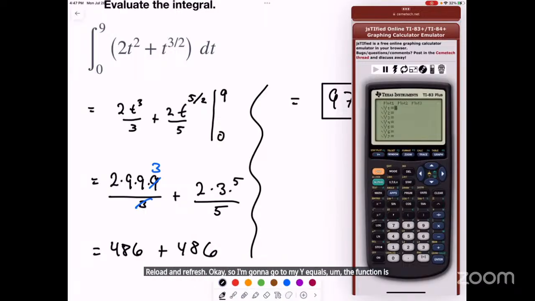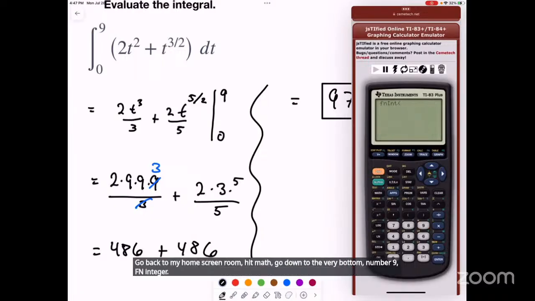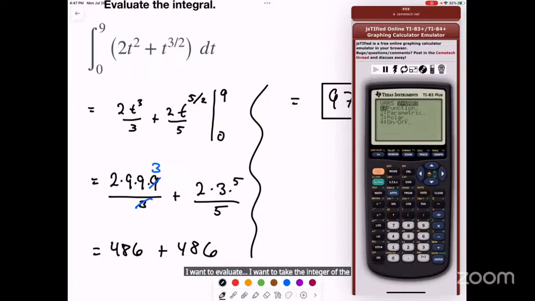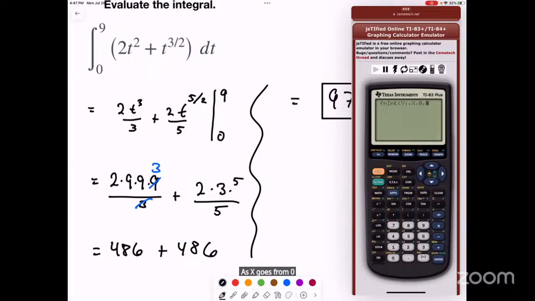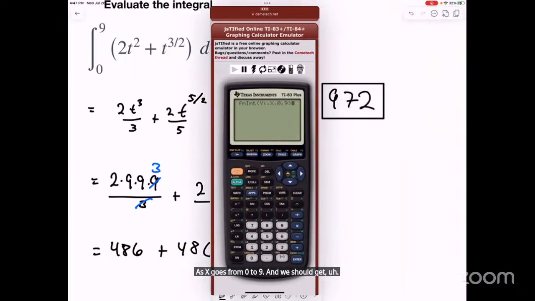The function is 2x squared plus x to the power of 3 halves. Go back to my home screen, hit math, go down to the very bottom, number 9. I have fnInt. I want to take the integral of the function we just inserted with respect to x as x goes from 0 to 9. And we should get 972.